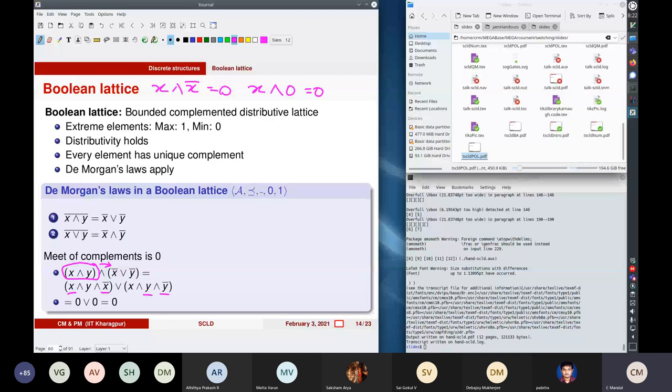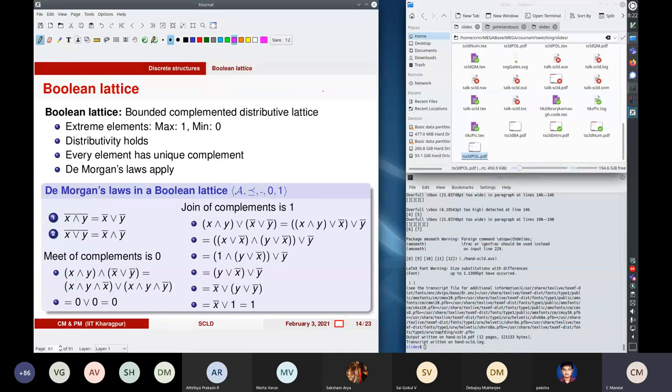So we have been able to show that the meet of these expressions that you are claiming to be complements is 0, and their join should be 1. So once again we carry out a similar exercise, and you can follow the steps.